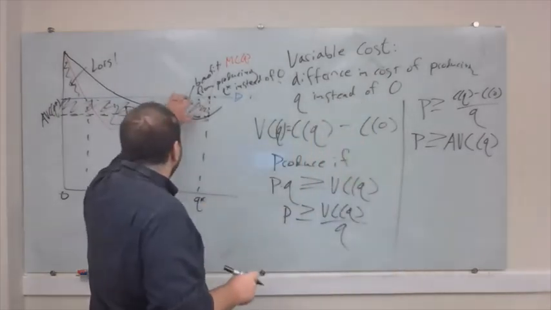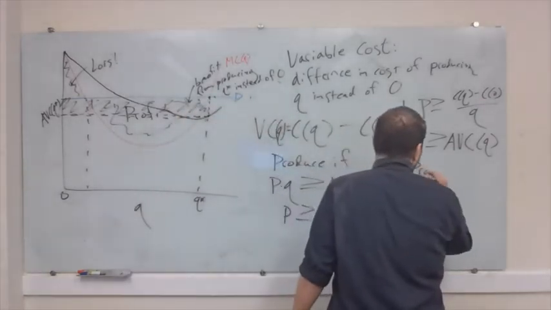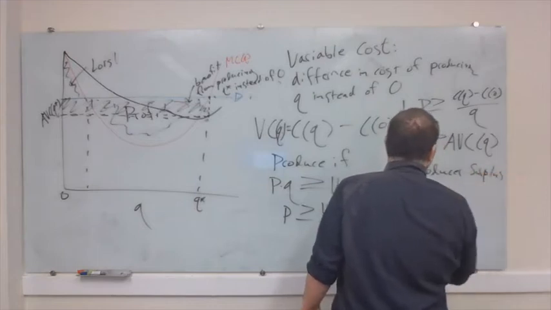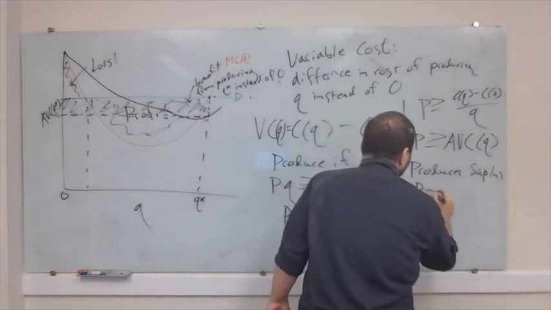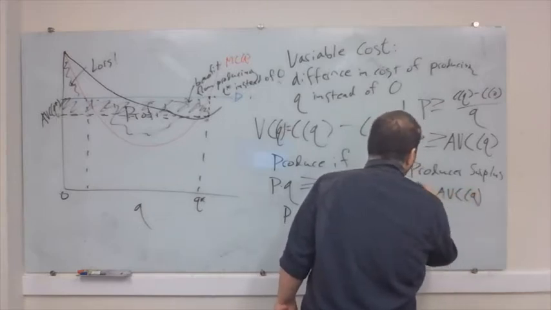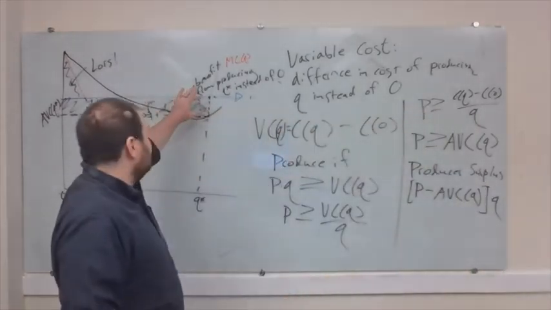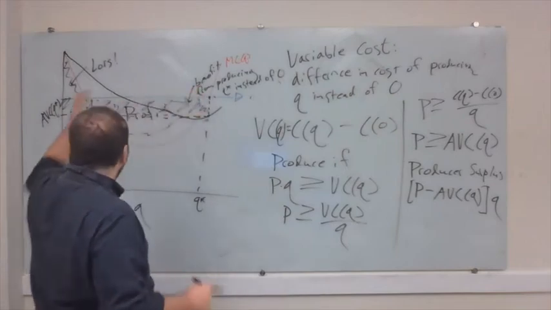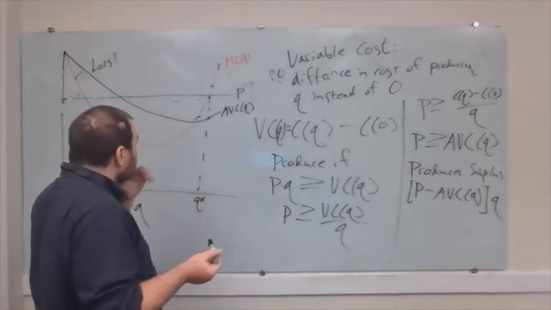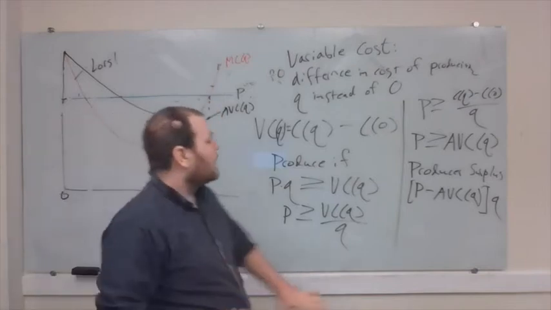We'll call this rectangle here, this benefit from producing Q star, our producer surplus, which is just going to be price minus average variable cost times Q. Exactly what we're seeing in this rectangle here. The benefit we get per unit times the number of units that we produce. So in this case, as we've drawn it here, because we have a price greater than our average variable cost, we're going to have a positive producer surplus.